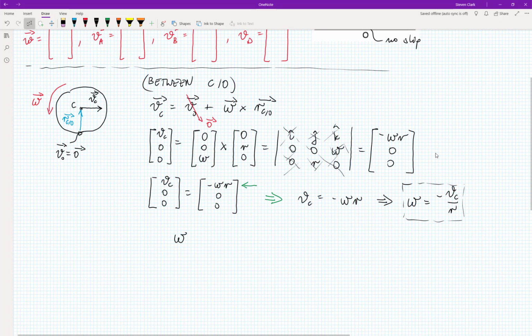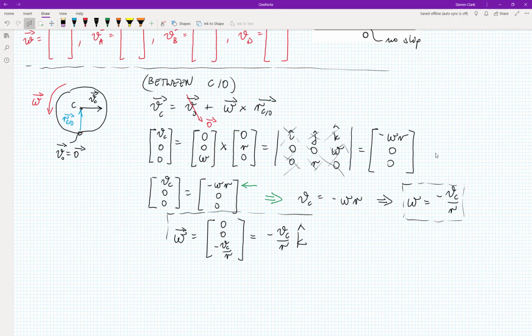Our omega vector is (0, 0, minus VC divided by R). Or if you prefer US notation, you can write minus VC over R k. Okay, I think that 25% of the problem is done, right? Any questions?